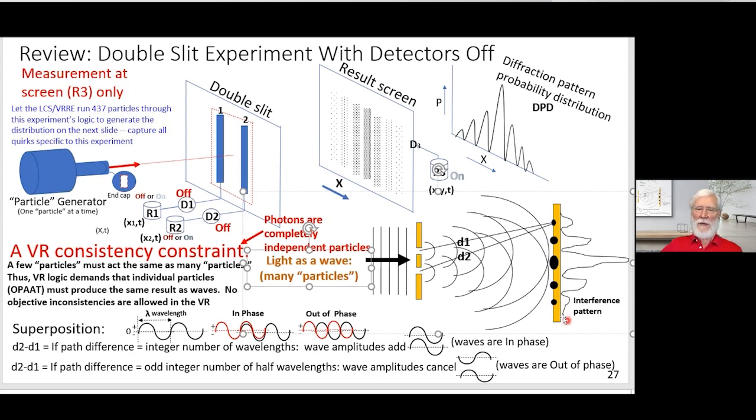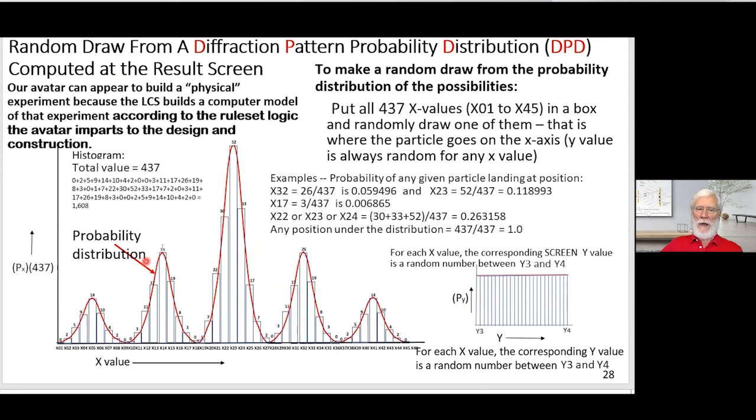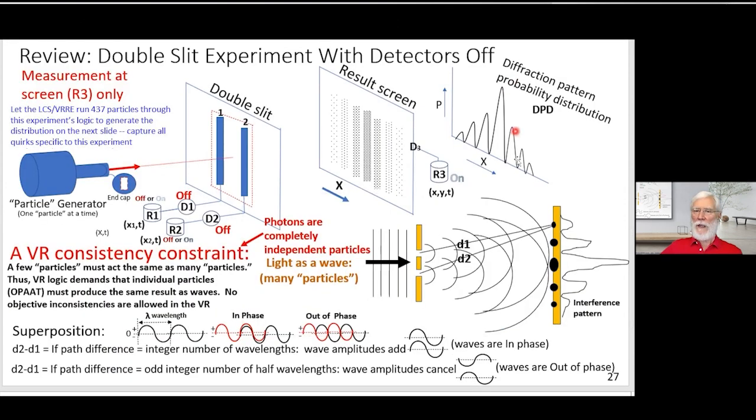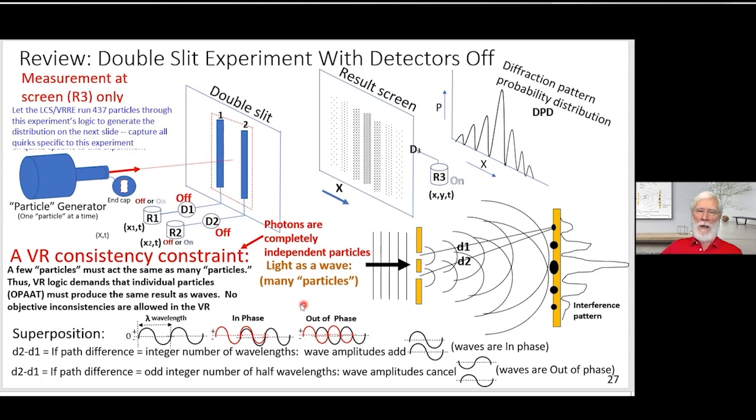So that's why the system, as we said here, got this interference pattern and said, all right, that's our probability distribution. Now let's go up here and take random draws from it, and that's what we'll put on the screen. All right, so that's why this particular result occurred. Reality had no other choice.